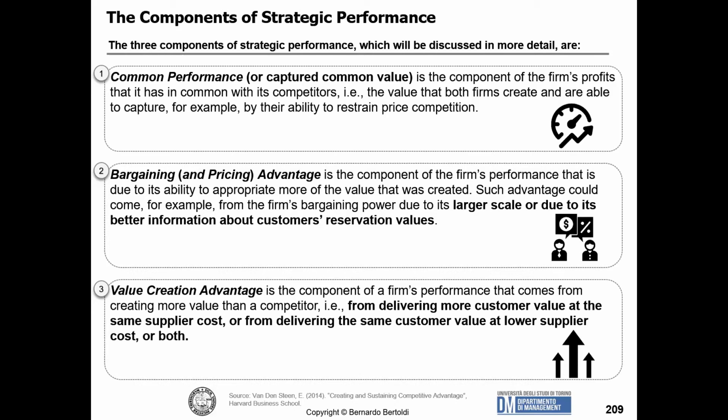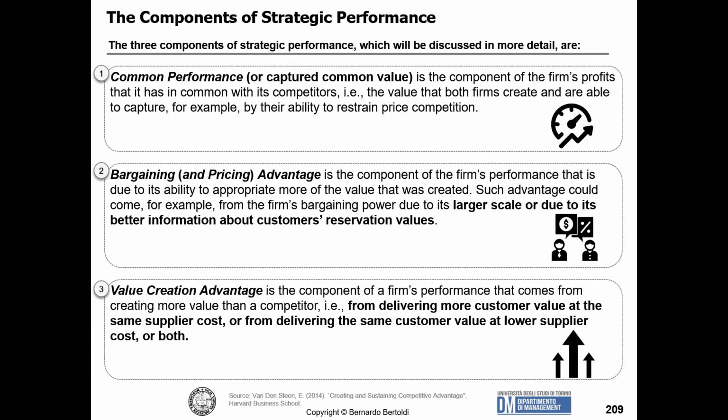Then you have two kinds of advantages. The first one is bargaining and pricing advantage. Given the fact that you are in a value chain a la Brandenburger or a la Porter, in the horizontal part of the 5 forces model, supplier, industry, firm, and customers, in that area, there is a total amount of value generated, and then there is a capturing approach at work.